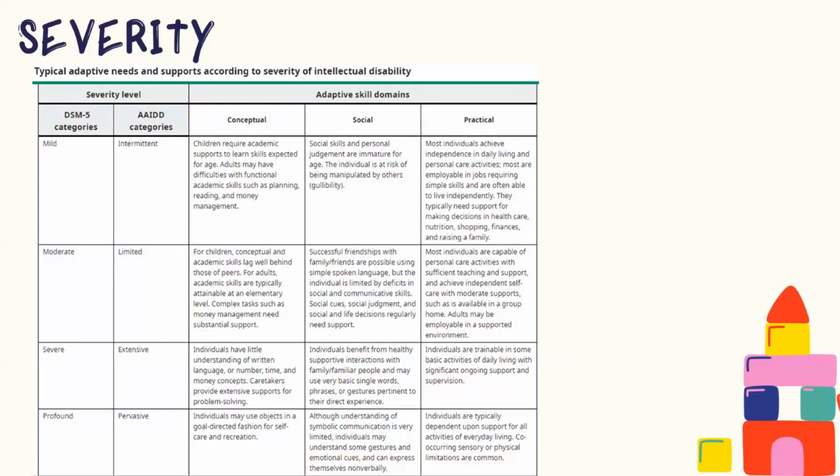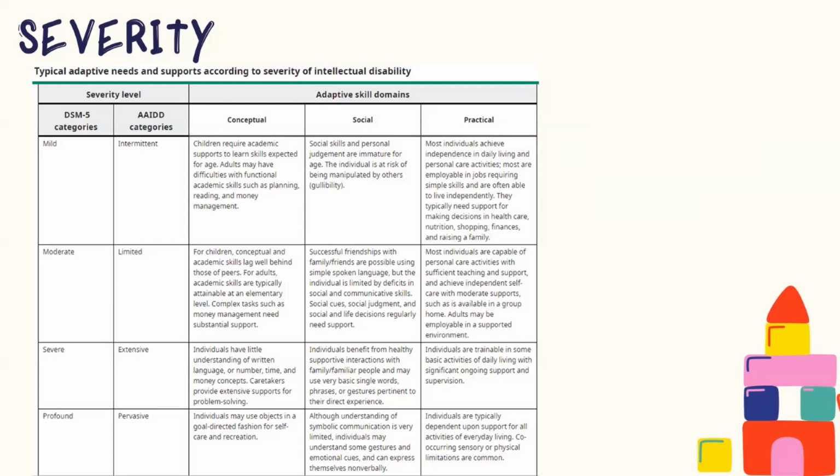All right, so here we see the severity of the adaptive skill domains. The severity is based on 2 categories: either we follow DSM-5 or AAIDD. They have different names for the categories. So the main point here is that conceptual is based on how well they're able to do academically, or how well they're able to manage their money.